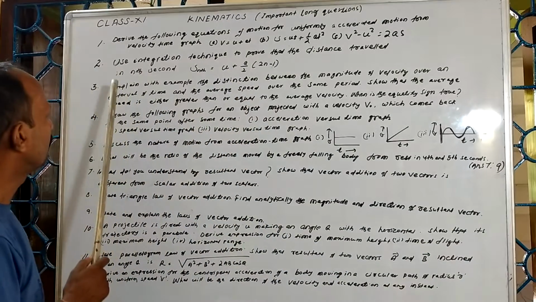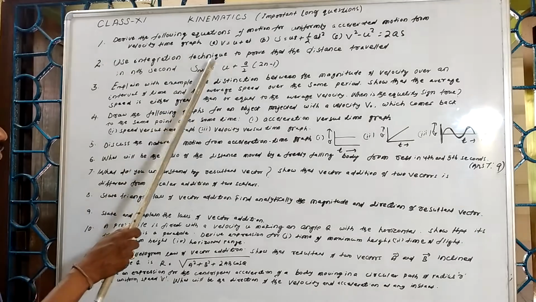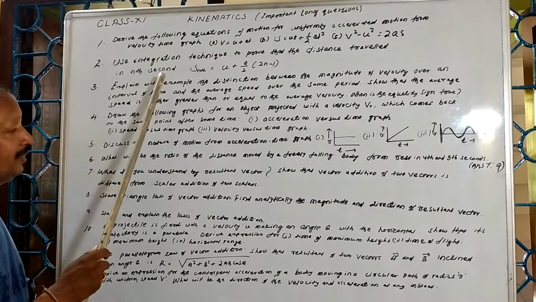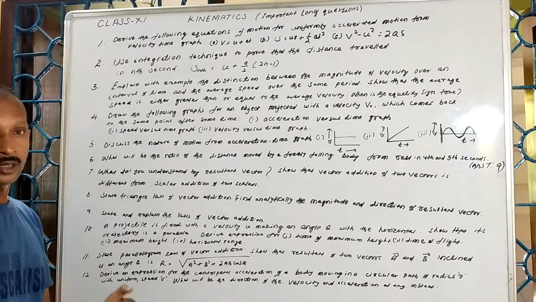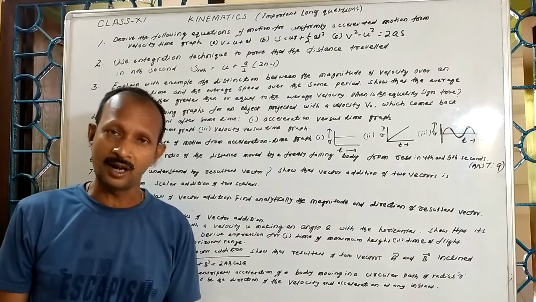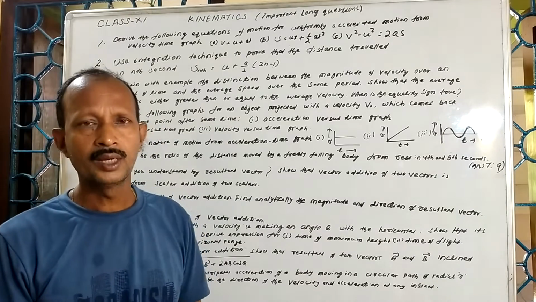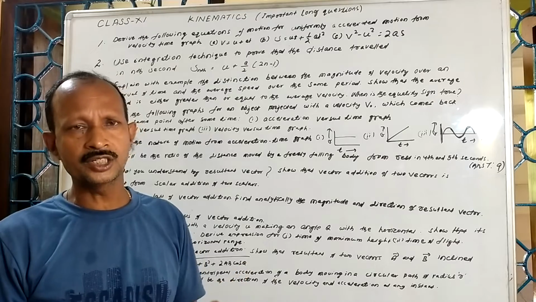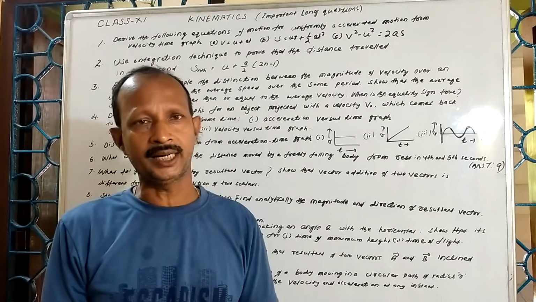Next question. Use integration technique to prove that s equal to ut plus half at square, and the distance travelled in nth second. You know how to find the distance travelled by a body in t second.